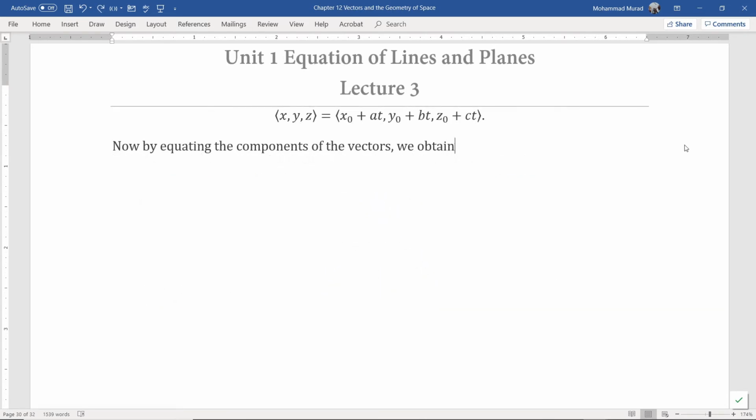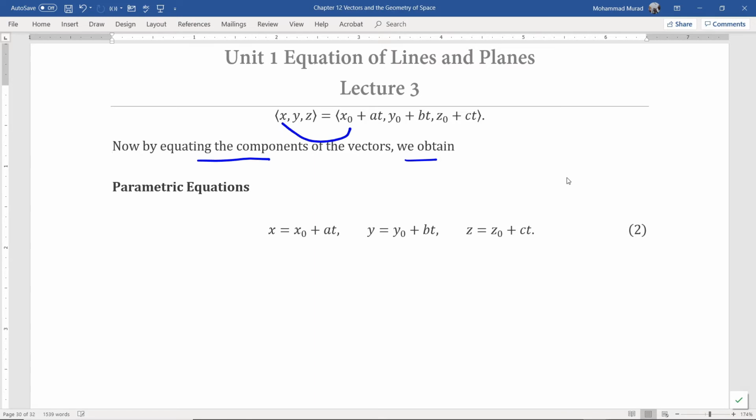Now, by equating the components of the vectors, we obtain x equals x sub 0 plus at, y equals y sub 0 plus bt, and similarly z equals z sub 0 plus ct. These 3 equations are called the parametric equations of the straight line L.